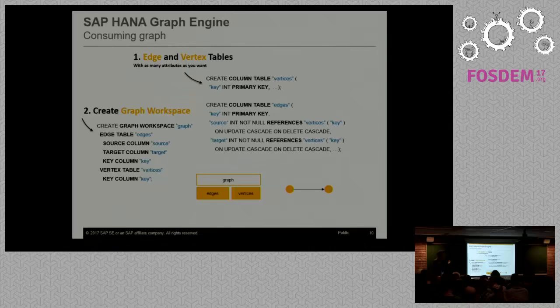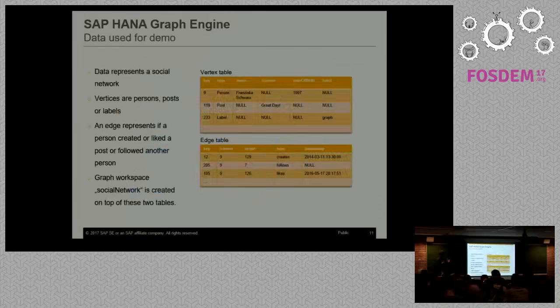For this case, if you want to stay in your normalized data schema, then you can also define views instead of tables and create a graph workspace on top of the views, and everything works.